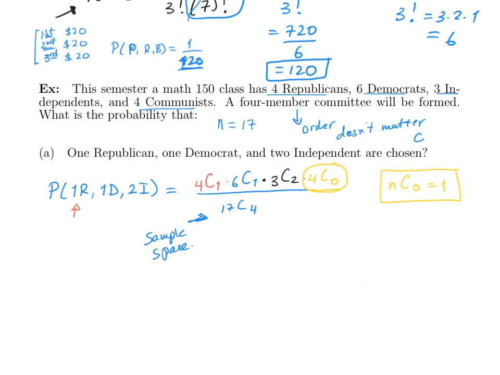Now, if the question is not asking to get a numerical solution, once you get to this point, you are done. However, if you need a numerical solution, you have to compute each of them separately and then plug the answer in. So in this case, this is 4 for the Republicans, and then 6 for the Democrats, 3 for the Independents, 1 for the Communists, and then the bottom is 2380 using the calculator.